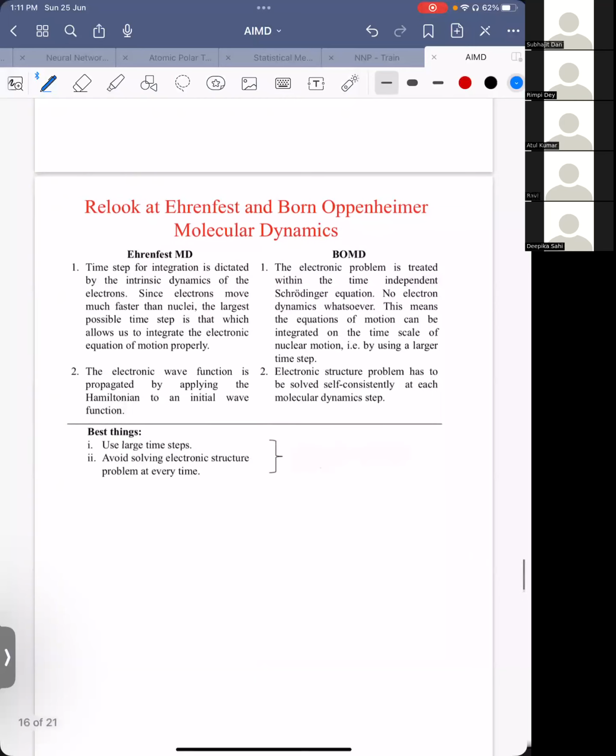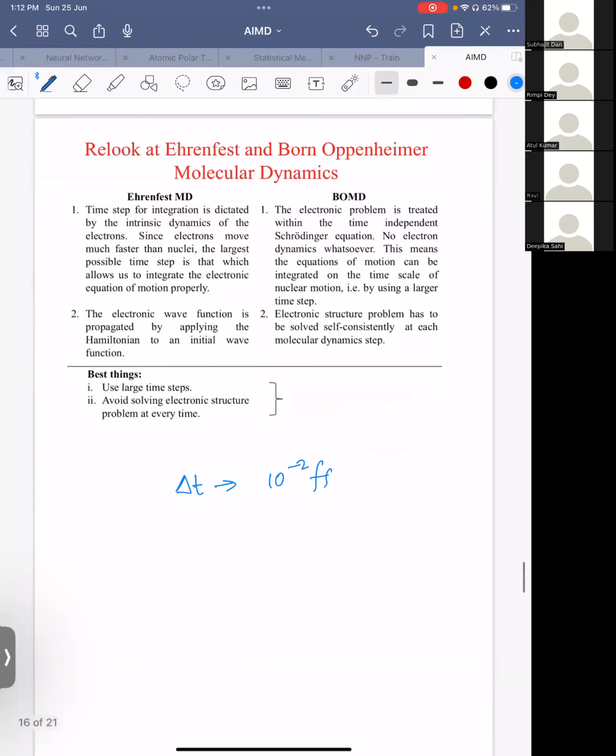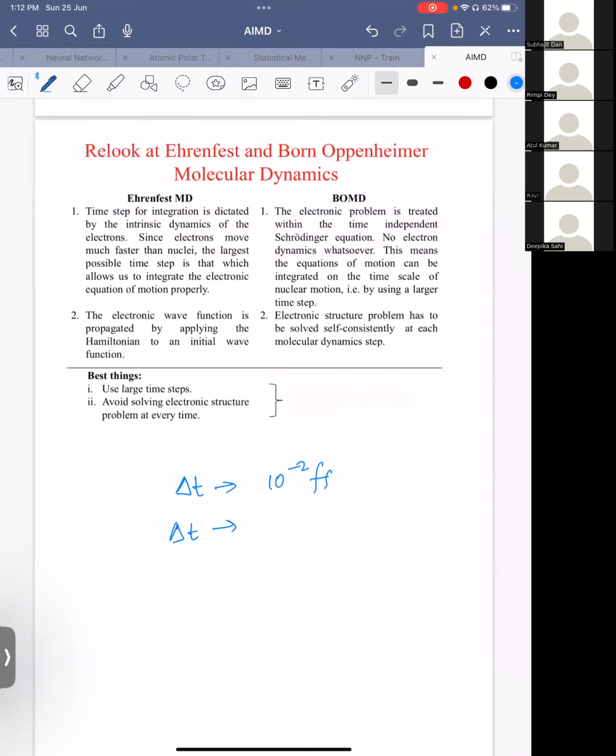It will be somewhere in the range of 10 to the power minus 5 femtosecond. In the Born-Oppenheimer approach, we are using the time independent Schrodinger equation and no electron dynamics whatsoever, so we can use a large time step as well. Sorry, 1 femtosecond.